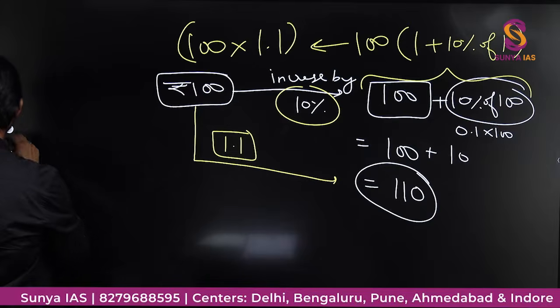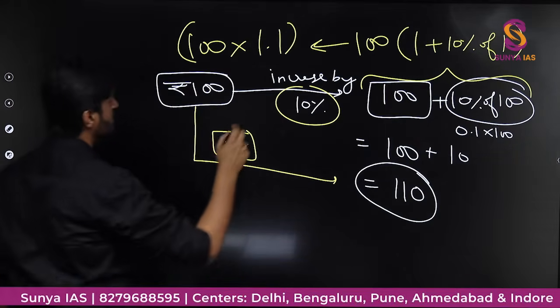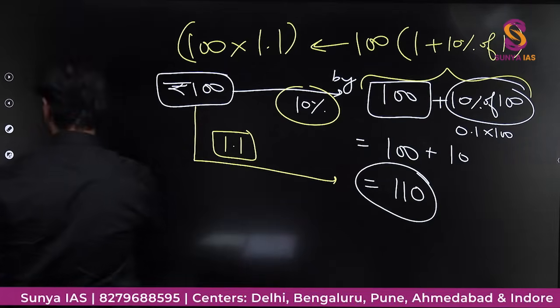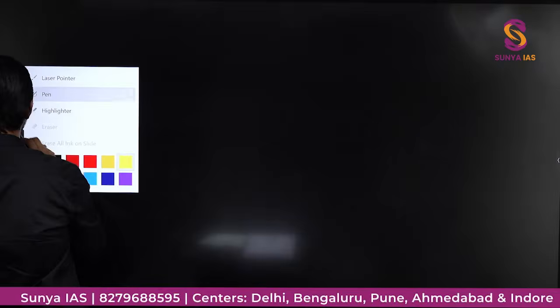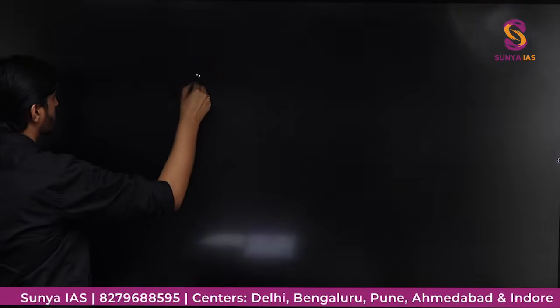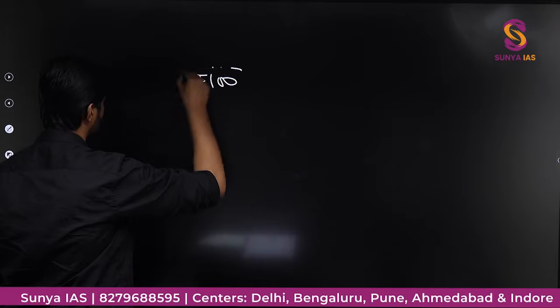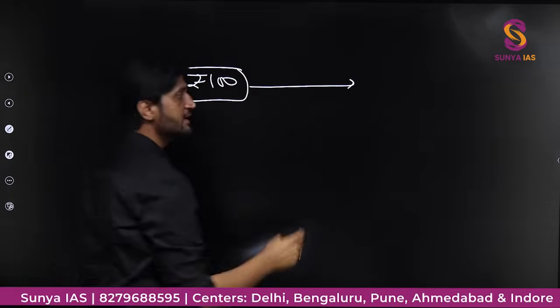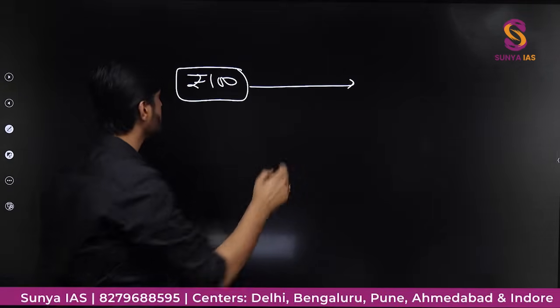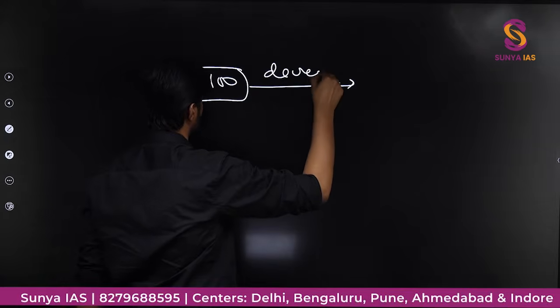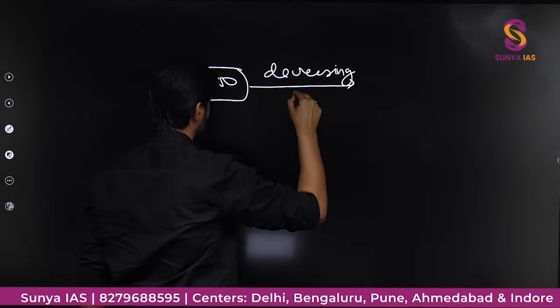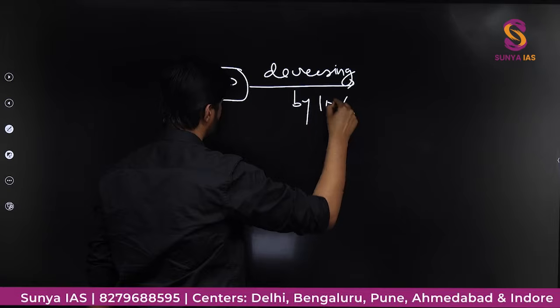Similarly, if the question would have said that it is not an increase, it is actually a decrease. So let me write it again. Suppose you have rupees 100, and instead of increasing by 10%, I am decreasing by 10%. So how much will the amount be?